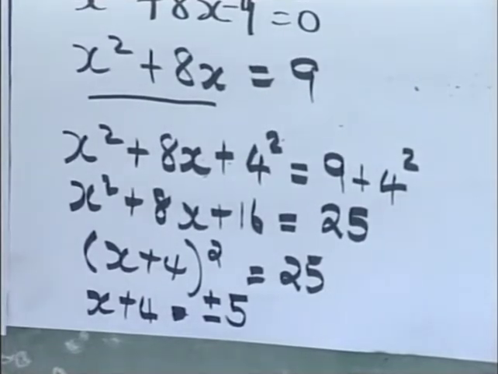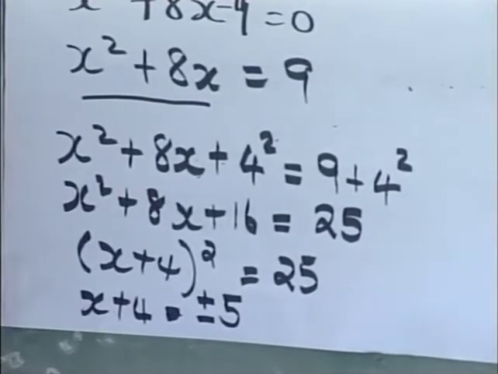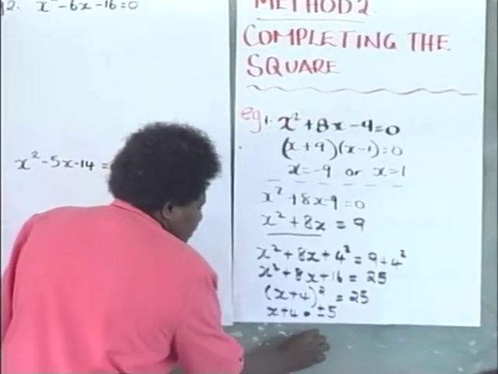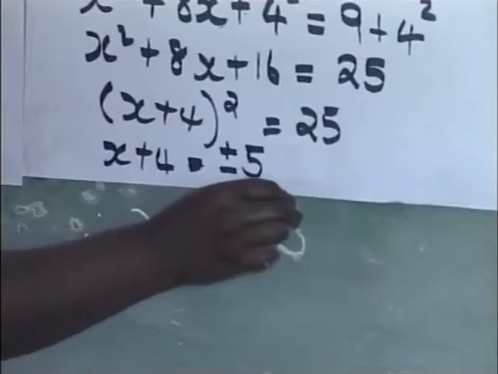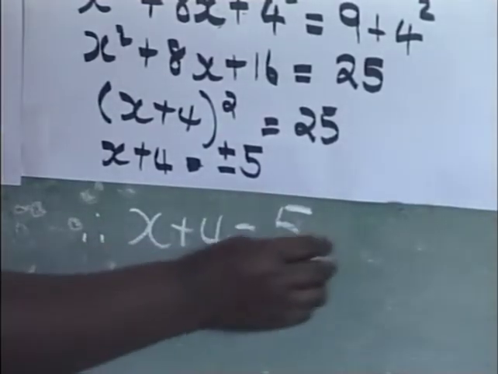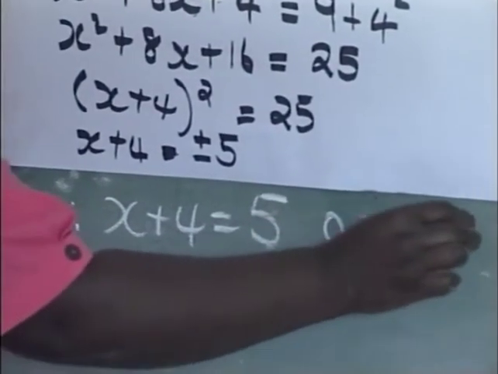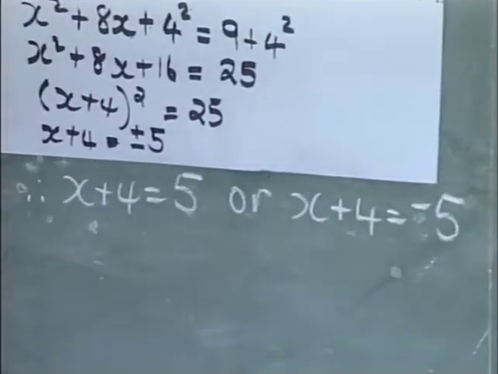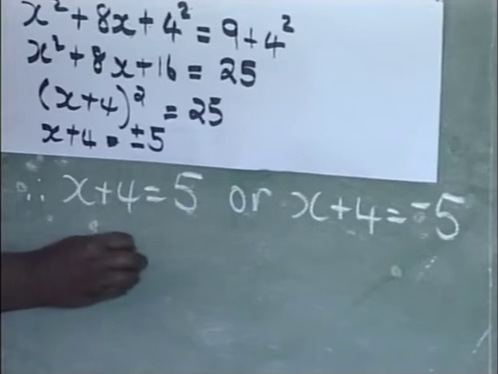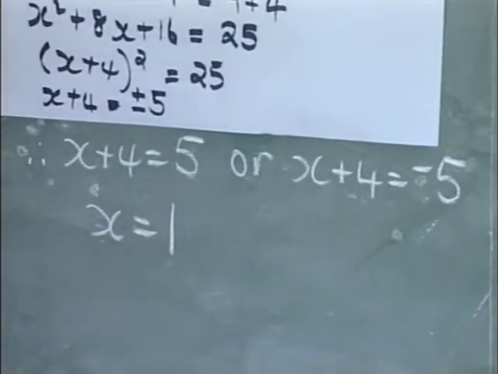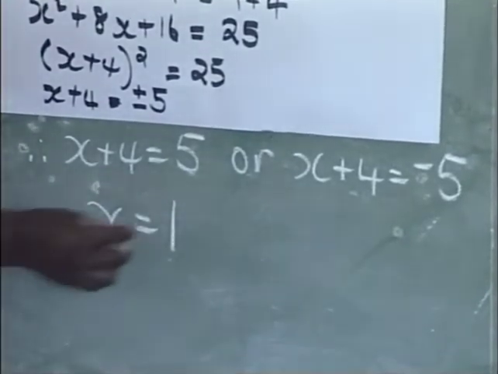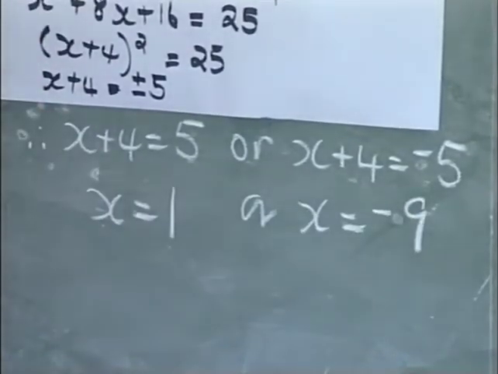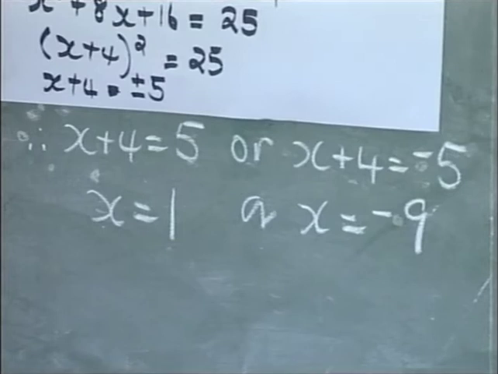Then I will have two answers. One answer is going to be x plus 4 equals positive 5. The other one is going to be x plus 4 equals negative 5. This will give 1 because 5 minus 4 is 1, and this is going to give negative 9, which are the same as the two answers from before.